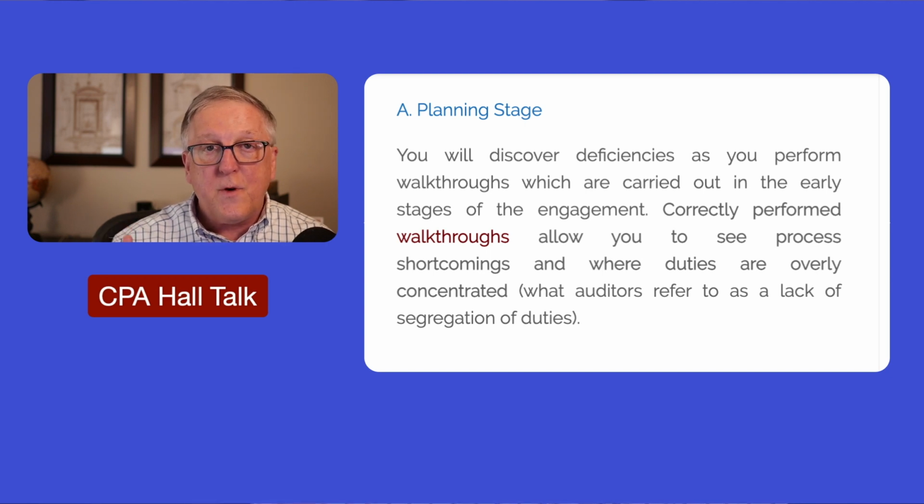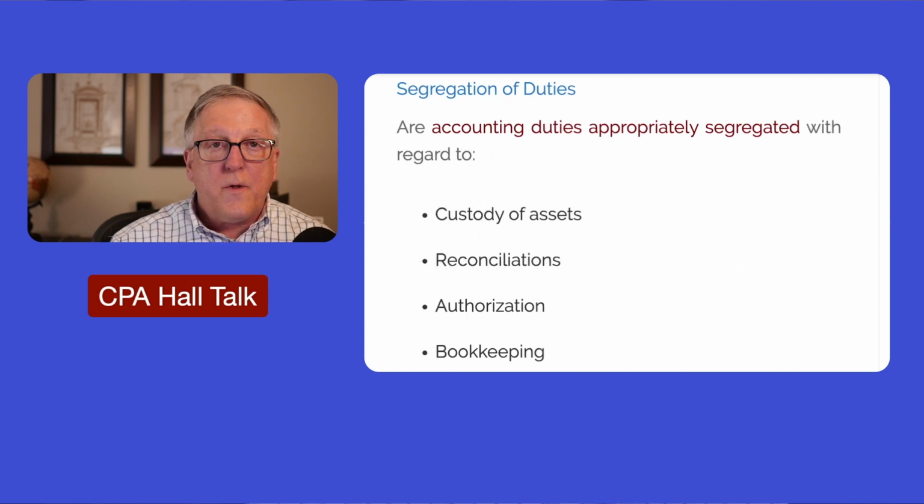So as you're doing your walkthroughs, whether it's in cash or payables or debt or whatever, you're going to run into control weaknesses, and I want to encourage you to go ahead and capture that control weakness as soon as you see it.